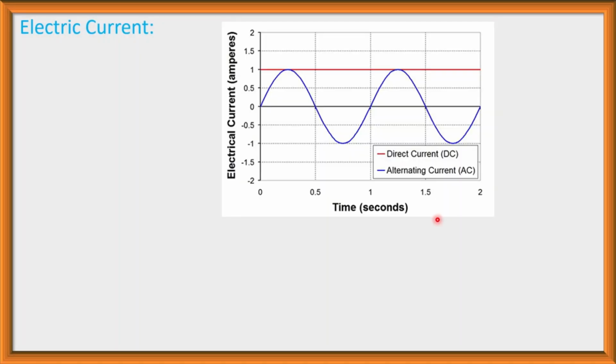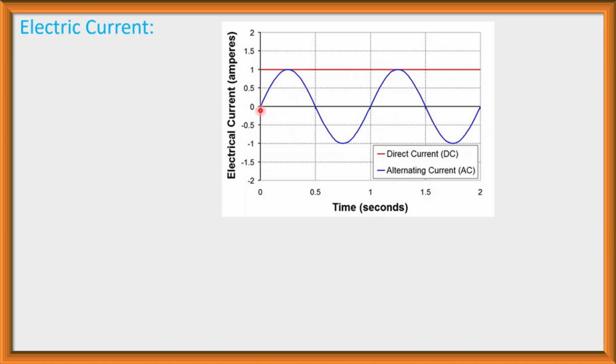And here is the graph of AC and DC current. Here DC current is always positive and there is no change in direction, so it is DC current. The red graph is DC.